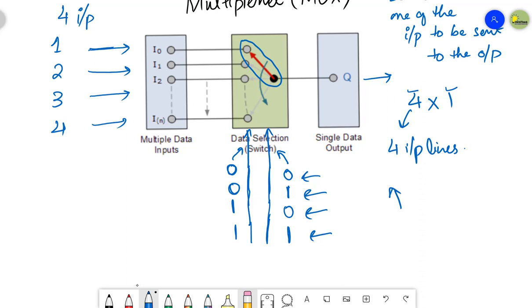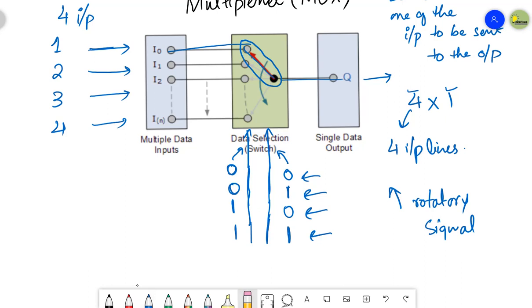That red arrow that you can see on the picture is known as the rotary signal. This rotary signal sets its position when it takes the control signal. If it takes 0, 0, then it sets its position to I0. The I0 line will be connected to the output.